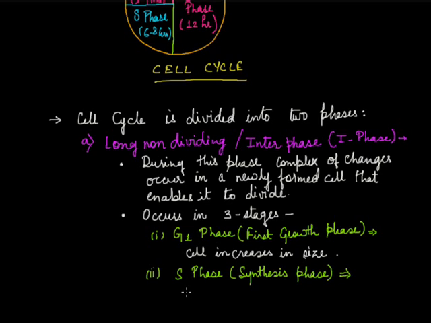That is, this is the phase of DNA replication. DNA makes up the chromosomes of the cell, and chromosomes are present in the nucleus. So we can say DNA is the genetic material and chromosomes contain this genetic material. They are basically made up of DNA plus some proteins. So during the S phase, this genetic material, that is the DNA which makes up the chromosome, doubles its content by the replication process. So it is the DNA replication phase.